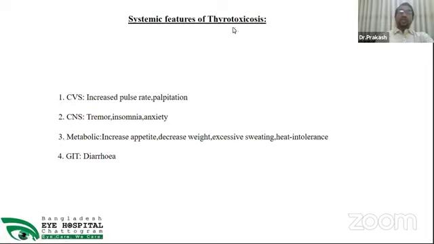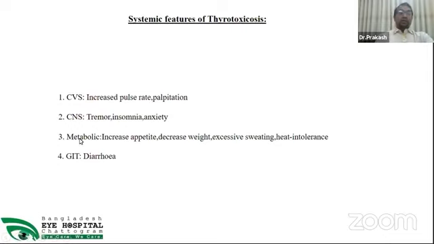If it is associated with thyrotoxicosis, you can get some systemic features, for example increased pulse rate and palpitations. So you have to check pulse rate and palpitations. If you consider the central nervous system, there will be tremor, insomnia, and anxiety.